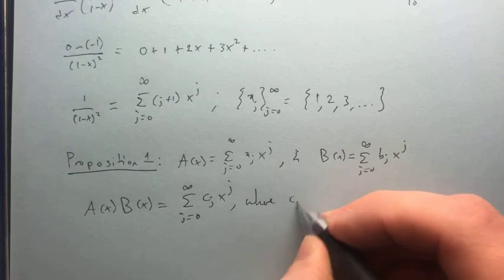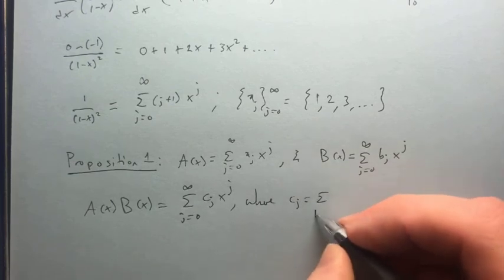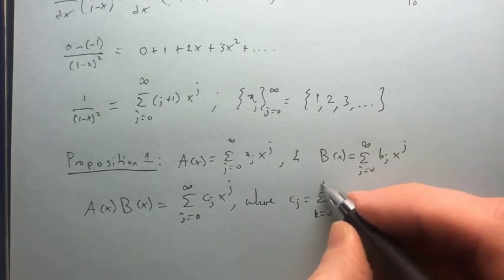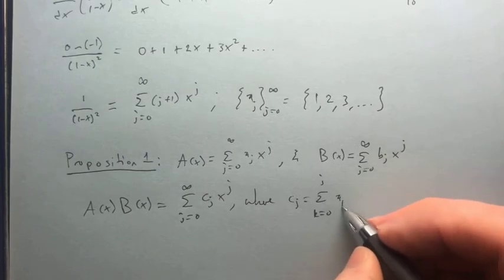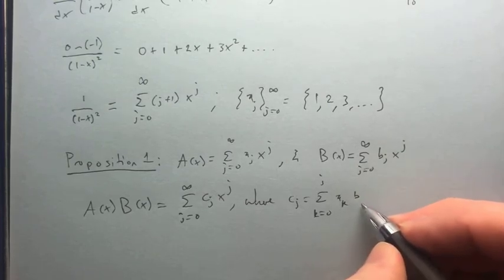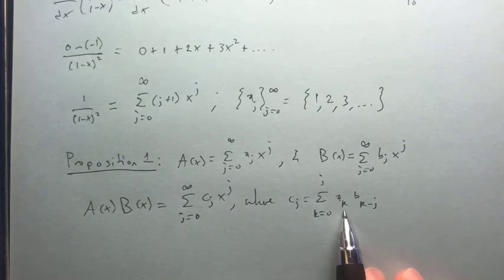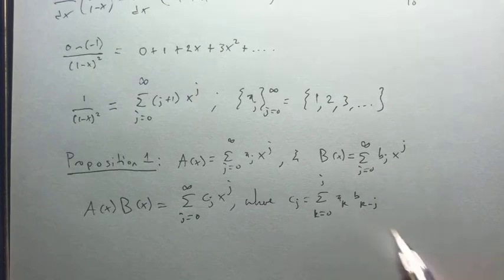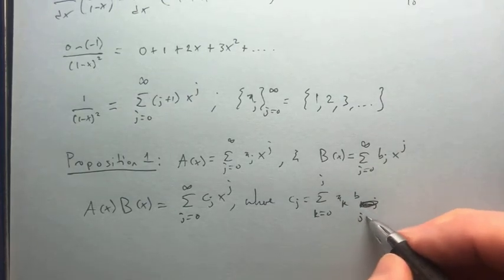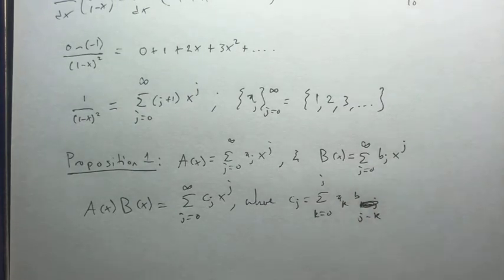where each c_j is the sum as, let's say, k goes from 0 up to j, a sub k, b sub k minus j. So what we have here is, wait a minute, this will be 0, this will be 0 minus 0, no, this should be j minus k, sorry about that, gotta fix that in my notes.